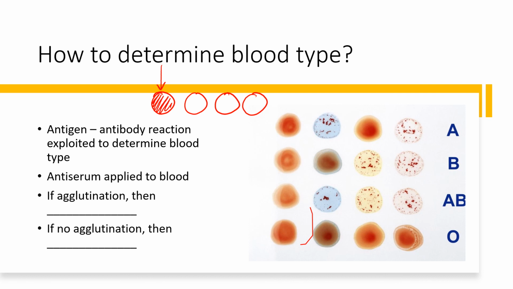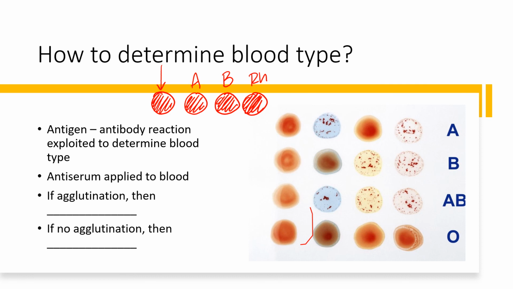You will put a droplet of that mystery blood in a well that's labeled type A, a well that's labeled type B, and a well that's labeled Rh. I'm going to put a drop of blood into each. The control you always leave alone.